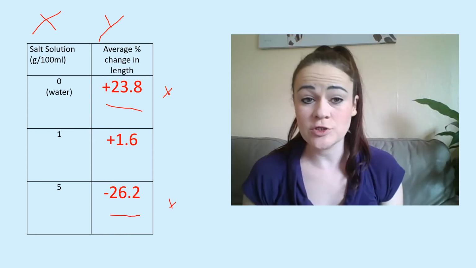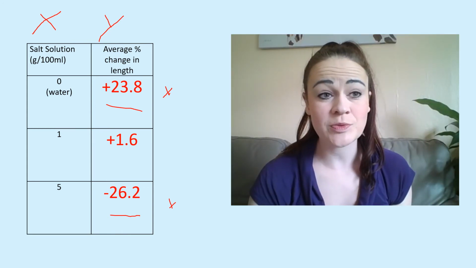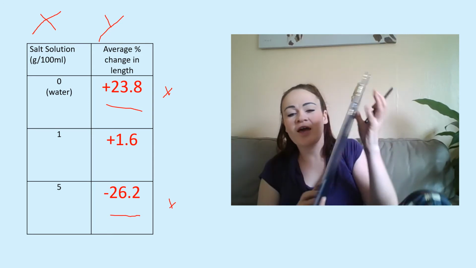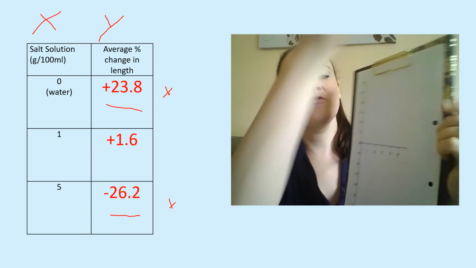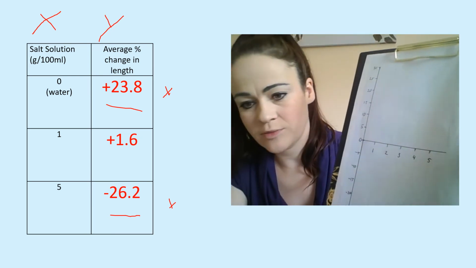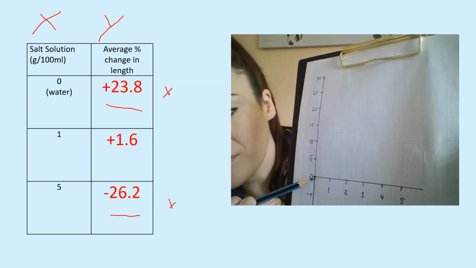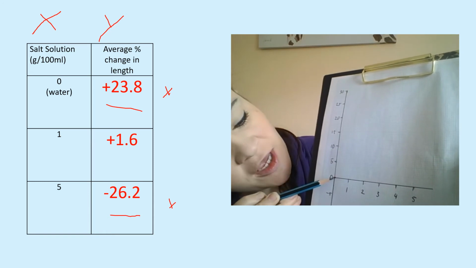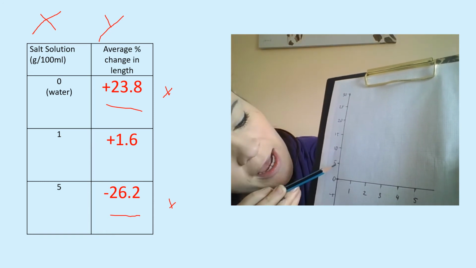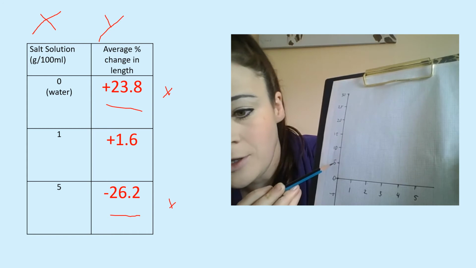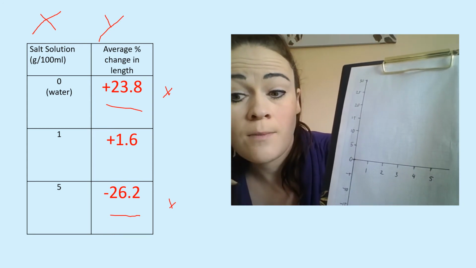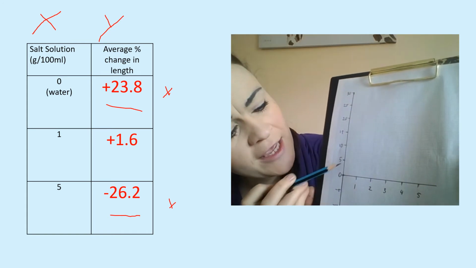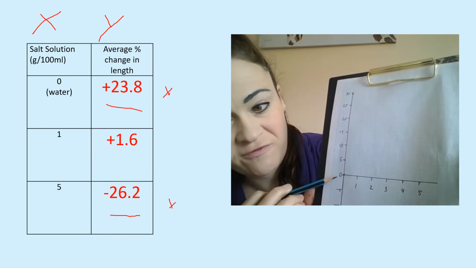So now what's left to do is to plot our actual data. For the actual plotting of the data, you need to work out what every little tiny box, let me use my pointing pencil, is going to be. So if between the numbers 0 and 5 are 10 little boxes, that means every little box is going to be 0.5 because 5 divided by 10 is 0.5.